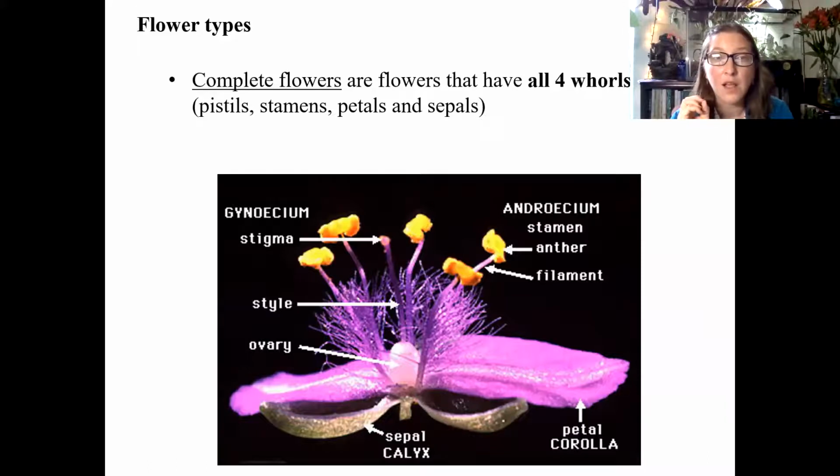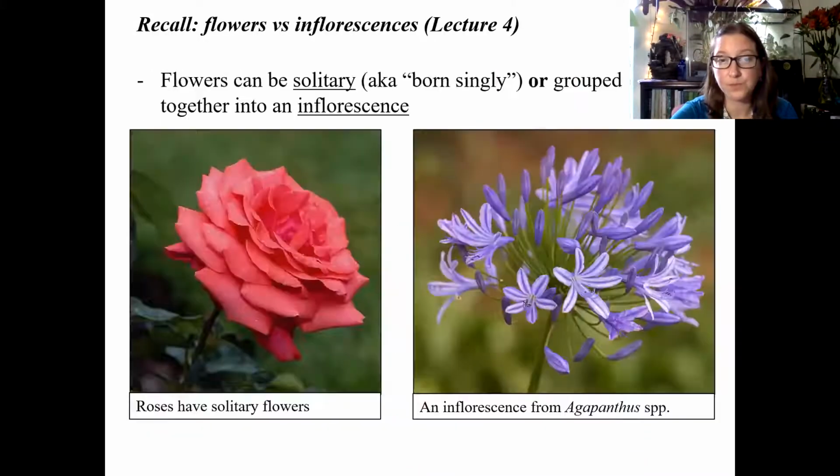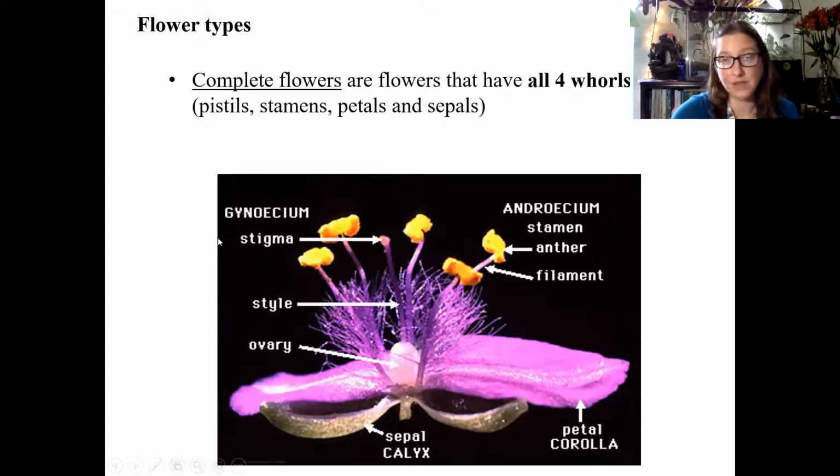So complete flowers are flowers that have all 4 whorls, right? So these are the whorls. If you're a flower that has all 4 whorls, we call you a complete flower. So I'll use yellow, right? Complete flowers, all 4 whorls.